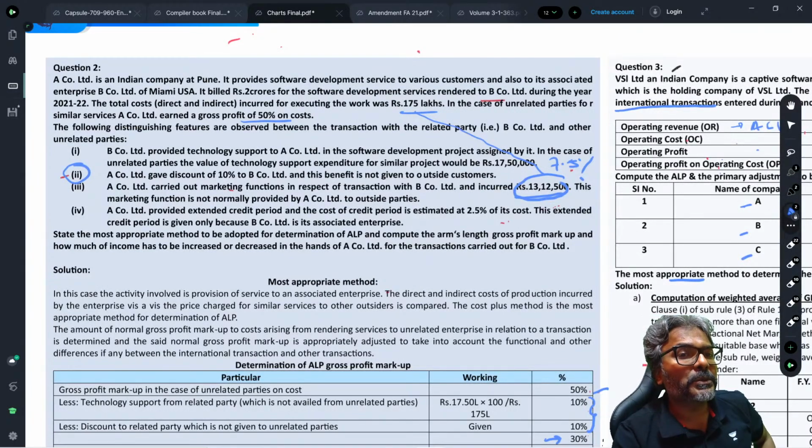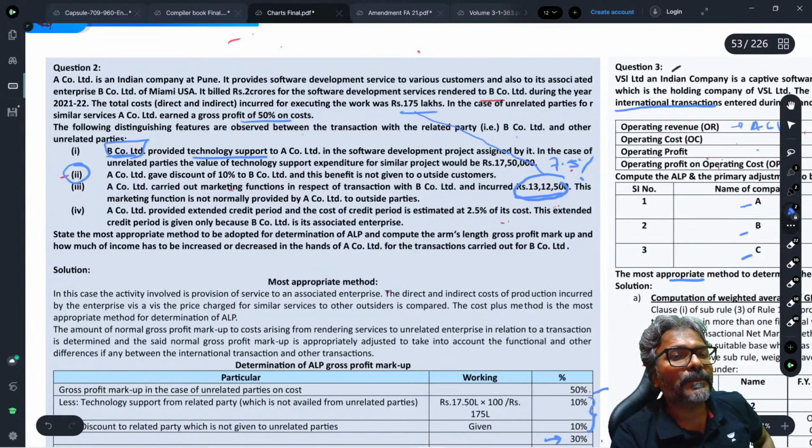The following distinguishing features are observed between the transaction with the related party, that is B Company Limited, and the other unrelated party. So now the uncommon factor begins. B Company Limited provides technology support to A Company Limited. So the associated enterprise is providing what?